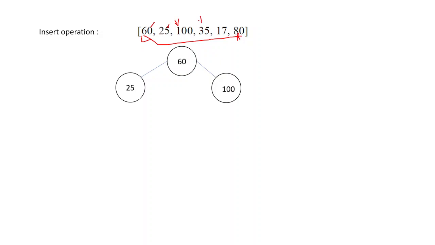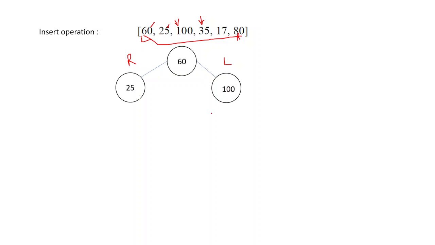Next comes the value 35. Now see, if you consider this particular value 35, you can place 35 as the right child of 25 or as the left child of 100. If we consider 25, it will be placed here. If we consider 100, it will be placed as a left child. But now what to do?